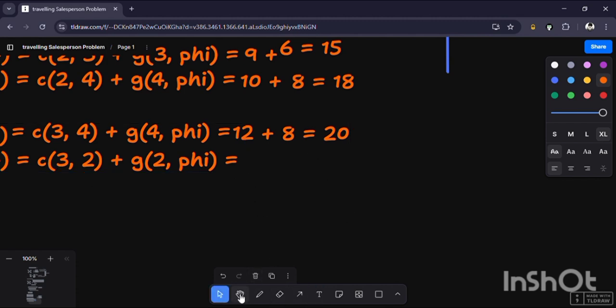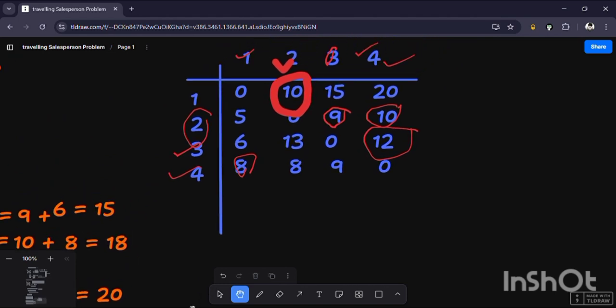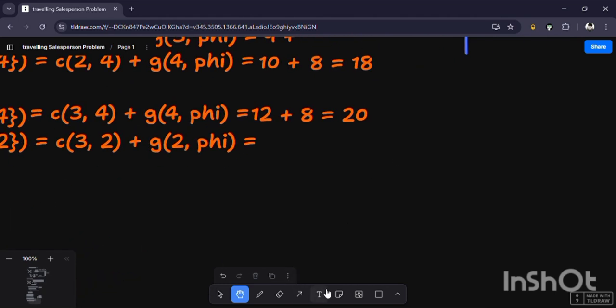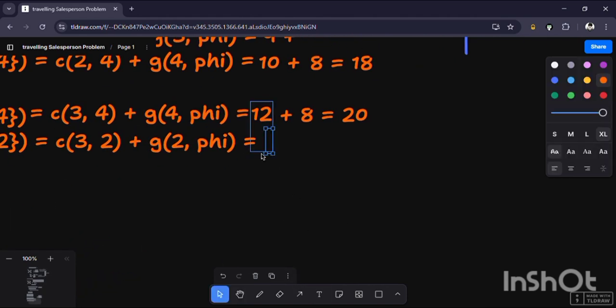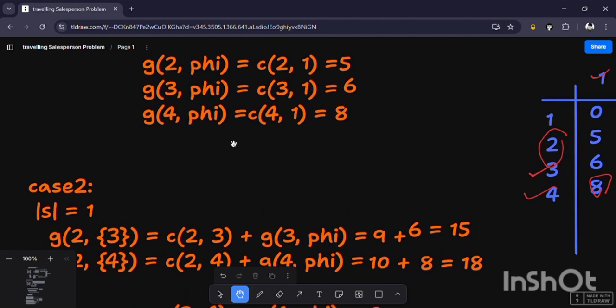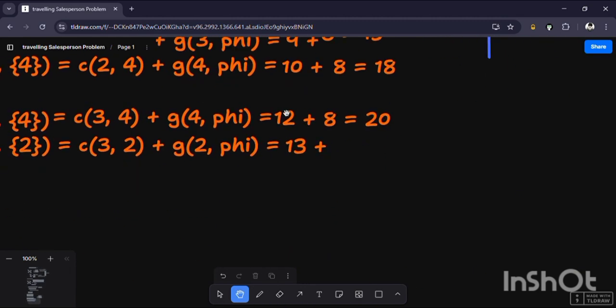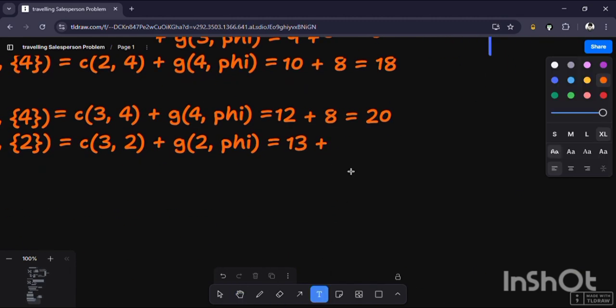Now what is the value of c of 3 comma 2? 3 comma 2 is 13. Let me write 13 plus g of 2 comma 5. What is the value of g of 2 comma 5? That is 5. Equal to 5, which is equal to 18.